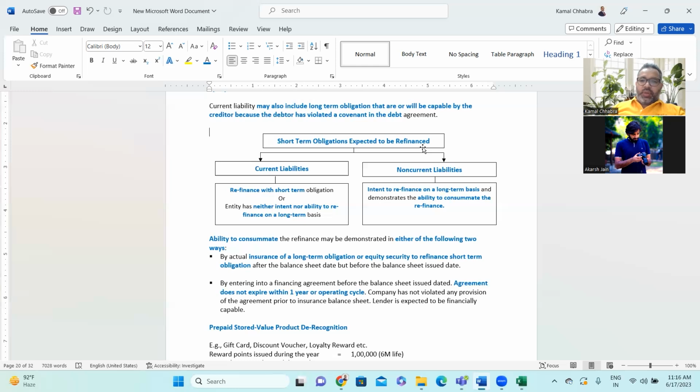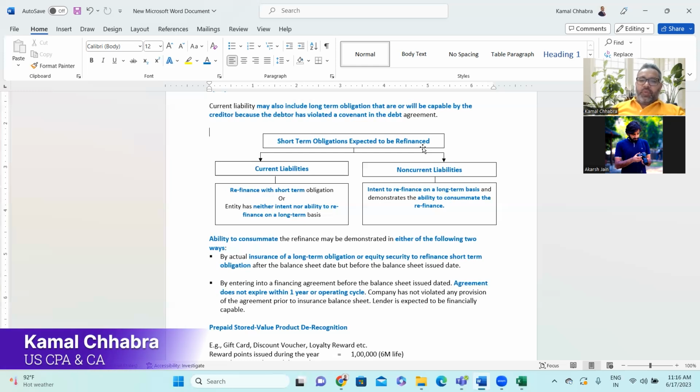So the short-term obligation which you are expecting to be refinanced would be classified as a current liability. If you are planning to refinance for a short-term period, or you have neither intent nor ability to refinance for the long term, then it will continue to be in the current liability.